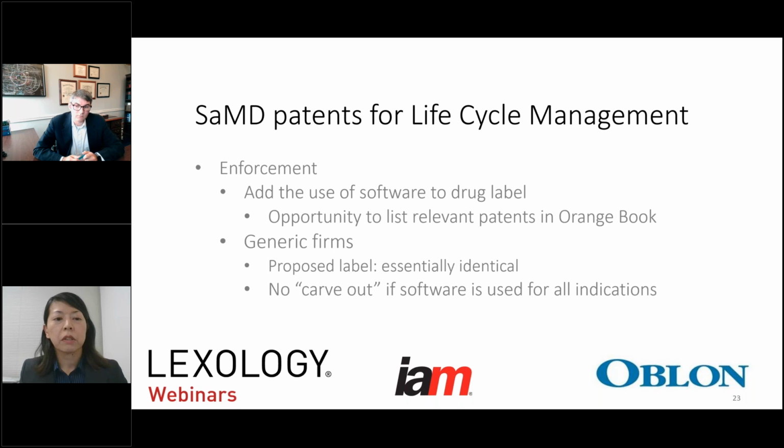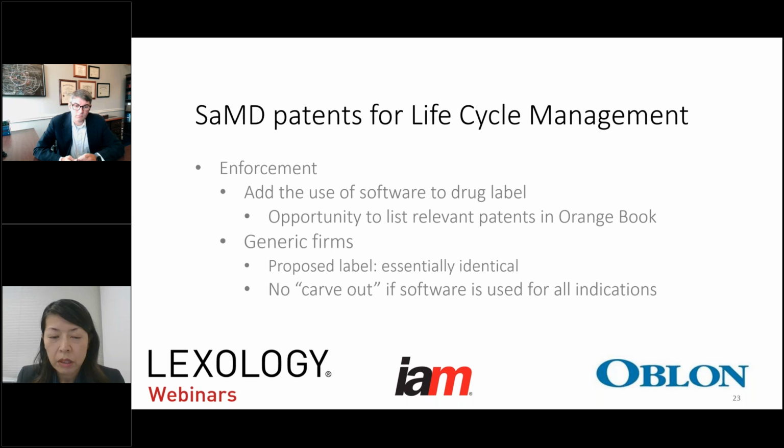So if you're successful in getting a patent on software as a medical device, now is the time for enforcement. How it works is that you want to describe the use of the software in the drug label.